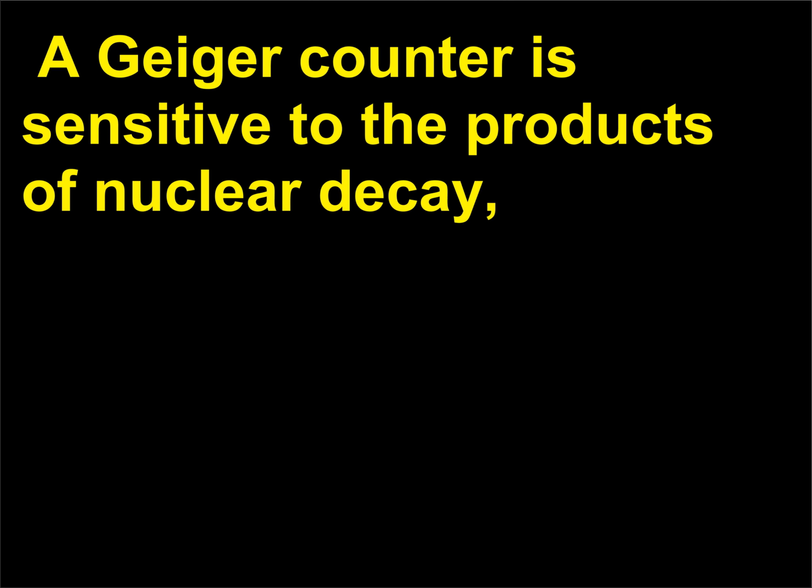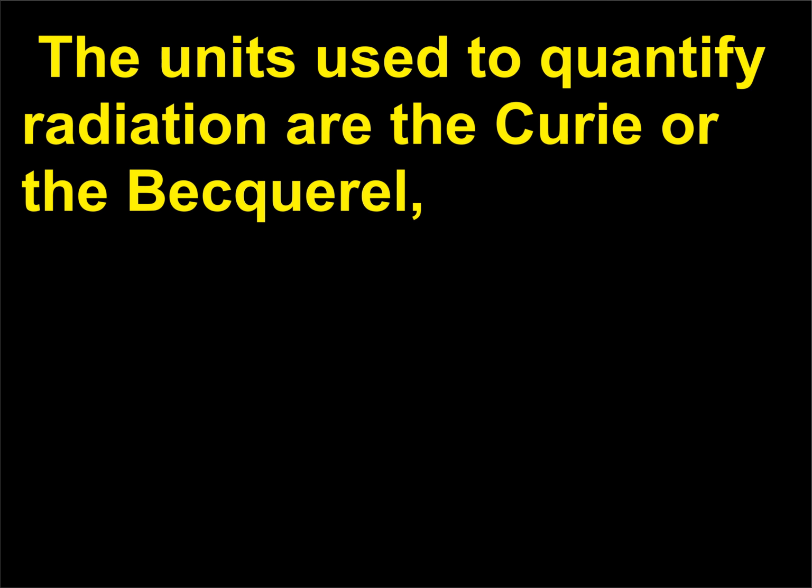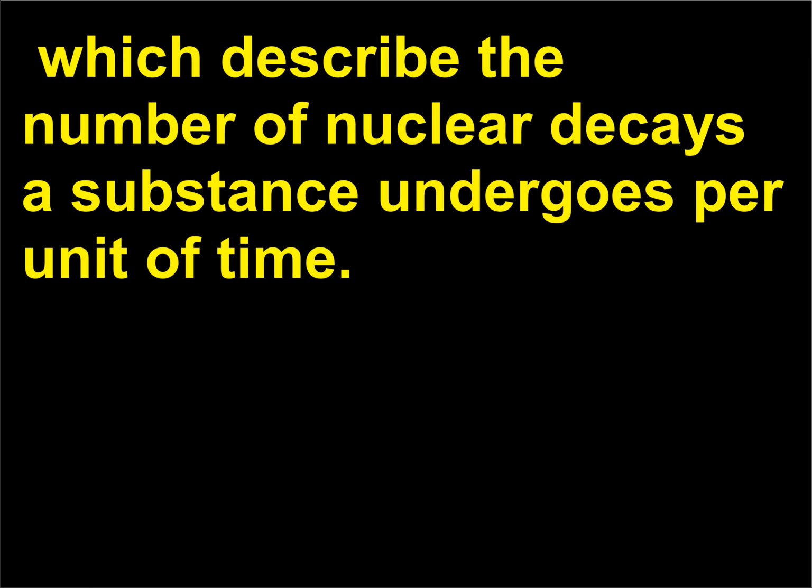A Geiger counter is sensitive to the products of nuclear decay, including alpha and beta particles and gamma rays. The units used to quantify radiation are the Curie or the becquerel, which describe the number of nuclear decays a substance undergoes per unit of time.